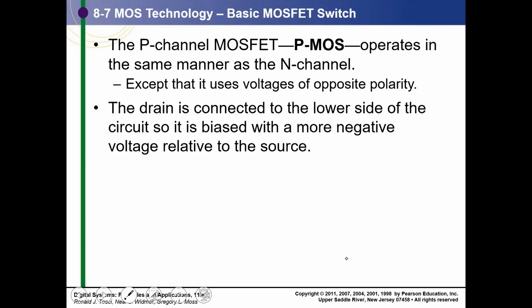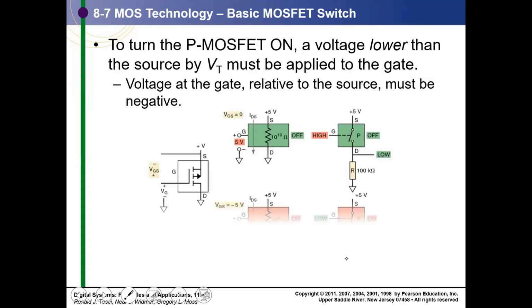So you need to bias it with a more negative voltage, as shown over here. When the gate is at logic low, 0, your VGS becomes minus VDD. So it behaves like a low resistance path.